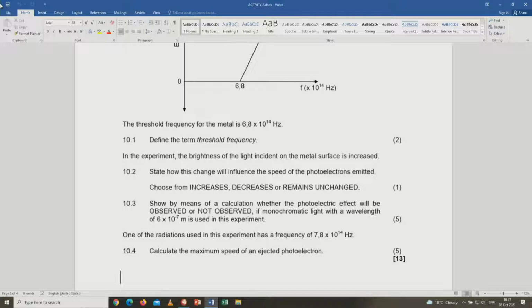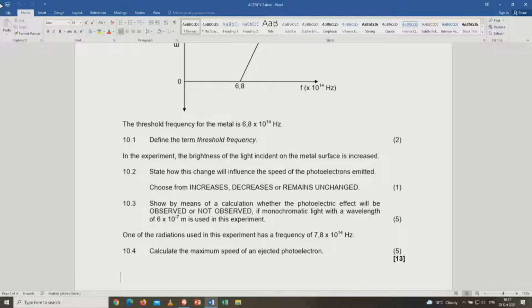So photoelectric effect not observed. It will not be observed because the frequency that we have calculated is less than the threshold frequency.